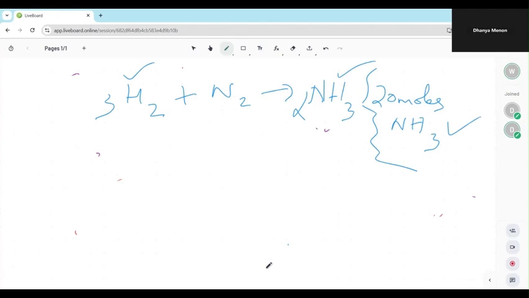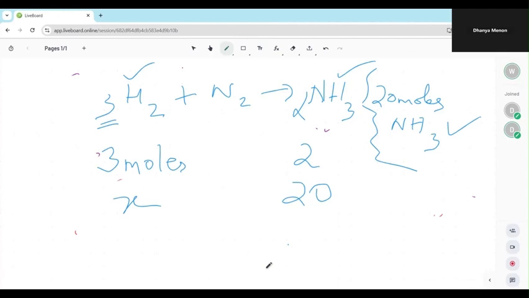So we go with the balancing numbers, the stoichiometric equation. The balancing number here is 3 moles of hydrogen reacts with nitrogen to give you how many moles of ammonia? 2 moles of ammonia. You have to find the number of moles of hydrogen to produce how many moles of ammonia? 20 moles.